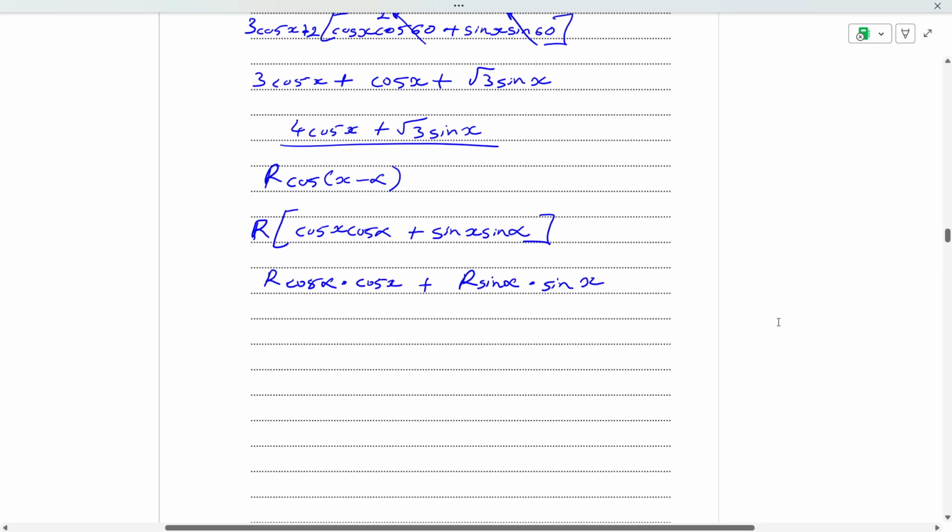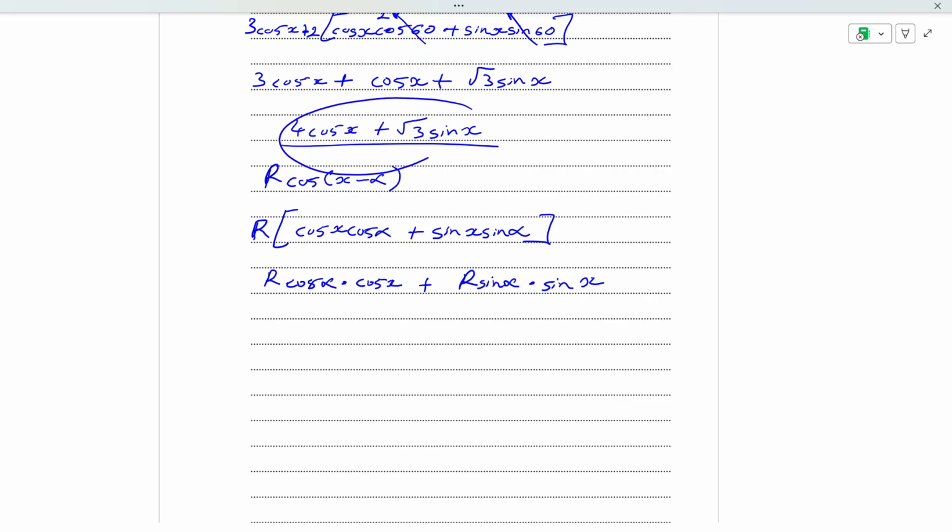Now we can do a comparison of coefficients. If we rewrite that part, we have 4 multiplied by cos x plus root 3 multiplied by sine x. That's the comparison of the coefficients.